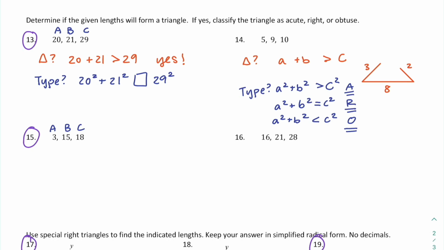Then I'm going to figure out 20 squared plus 21 squared, and I just did that whole thing in the calculator to get a total of 841, and we're going to compare that to 29 squared, which is 841. So those are equal, meaning this is a right triangle. Again, if the Pythagorean theorem works, and in that example it did perfectly, then that means you have a right triangle as opposed to acute or obtuse.